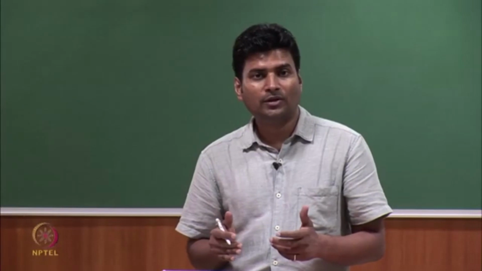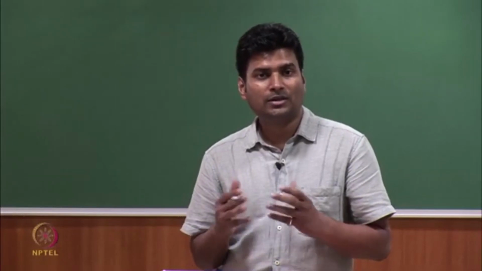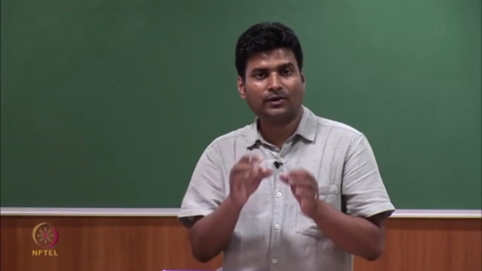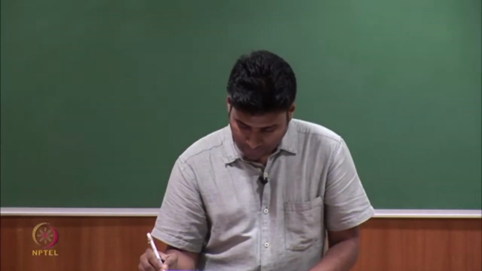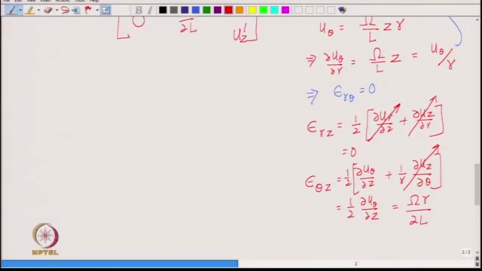Now, the next thing would be to find out the stress matrix, the different components of stress. We can use the stress strain relation in terms of the Lame's constants, because strain is known here and we want to get stress.